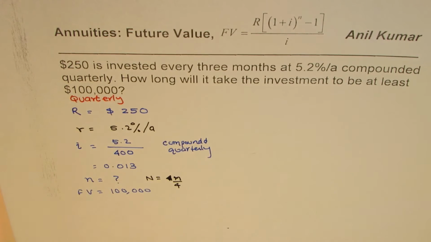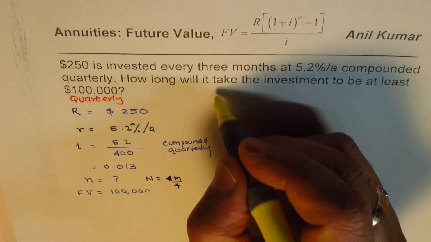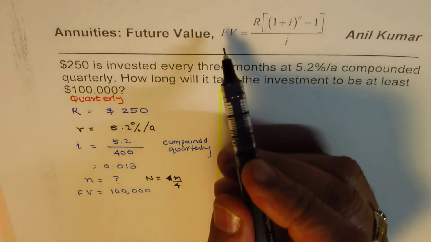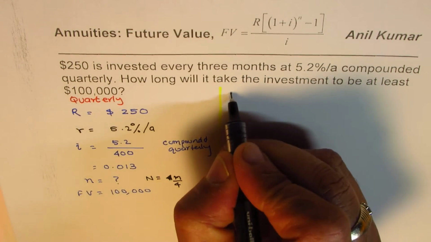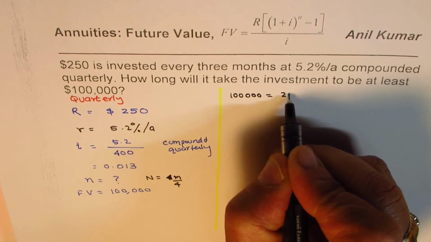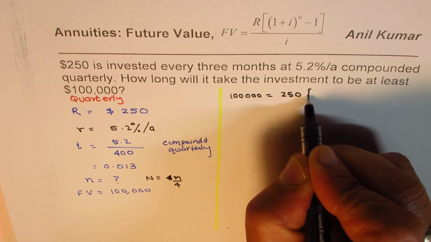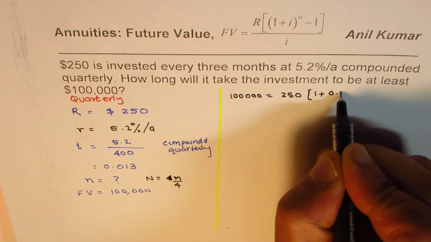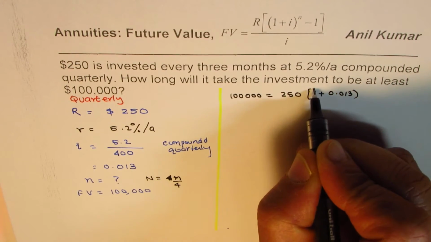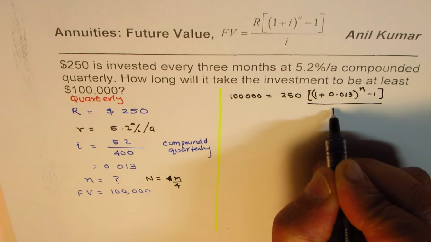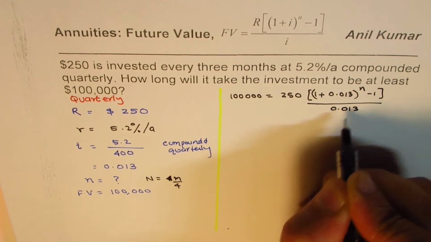Now let's figure it out. So we'll use this formula and rearrange to find the value of n. Now future value is 100,000, R is 250, and we have 1 plus i, which is 0.013, to the power of n minus 1, divided by 0.013, right?